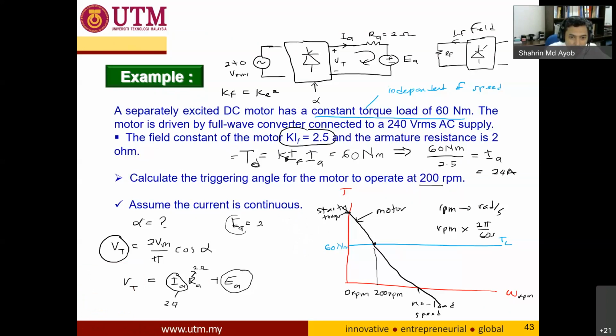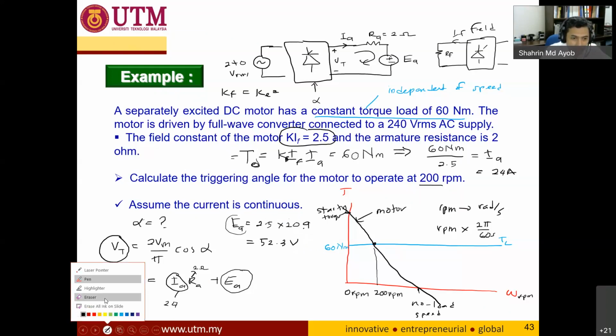So this one is 2.5 multiplied with 20.9. You should get your value of induced voltage, which is 52.3 volts. Right now you have all the information.